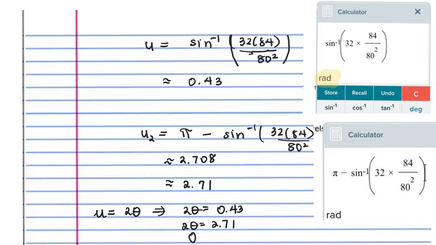So we get theta equal to 1.35 for our second case, which I'll call theta 2. And theta 1 is going to equal 0.217, which can be rounded to 0.22.